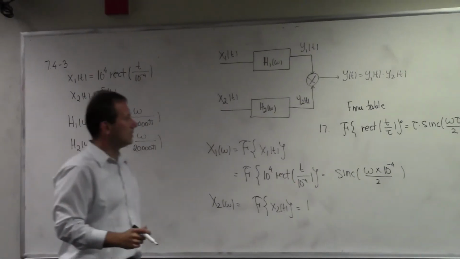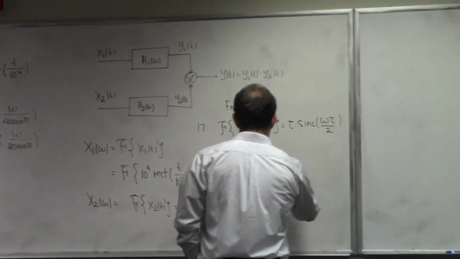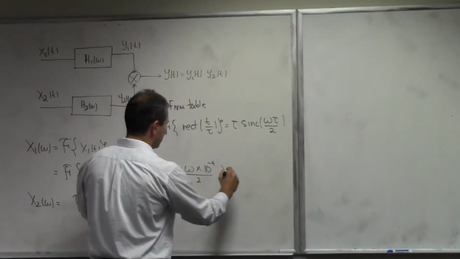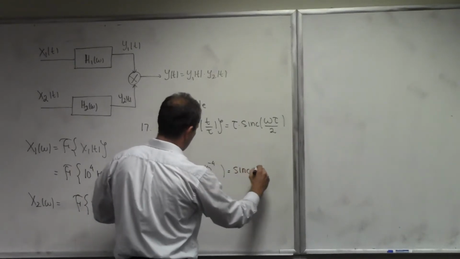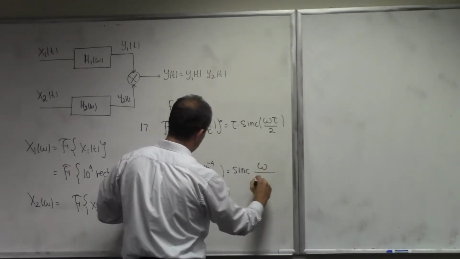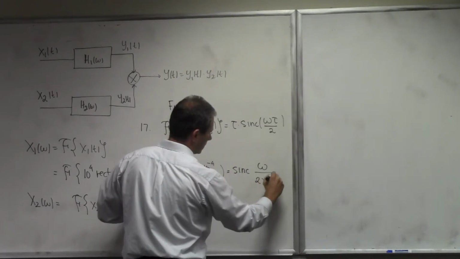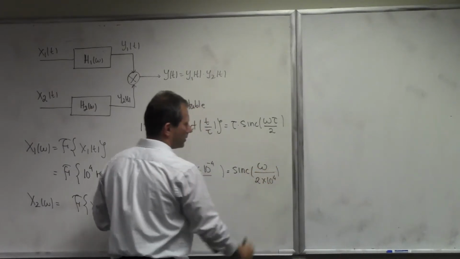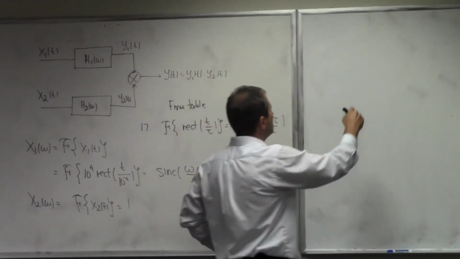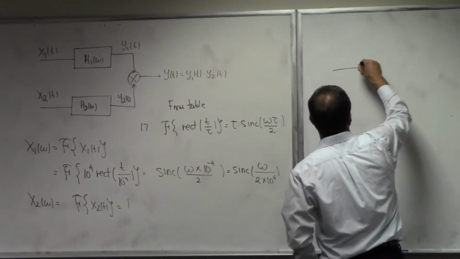So sketch these two. Let me write this a little differently, as sinc of omega divided by 2 times 10 to the 4. Here's how it looks.